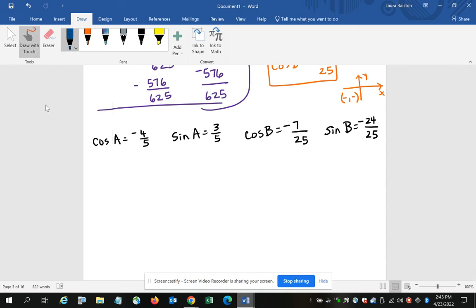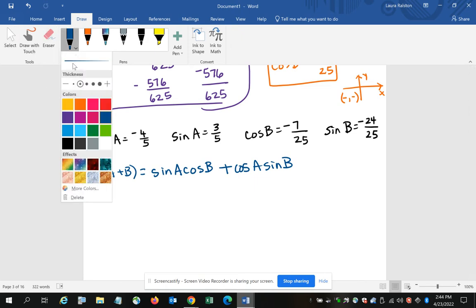Okay, so I would have the sine of A plus B equals the sine of A times the cosine of B plus cosine A sine B. Okay, helps to write the formula down, and then it becomes a plug and chug.